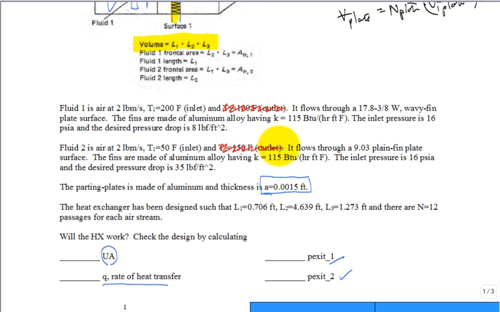You designed it assuming you want to achieve these outlet temperatures, and you relax the desired pressure drop. And you just say, what am I going to get for the actual pressure drop? And what am I going to get for the actual rate of heat transfer, which will dictate the actual outlet temperatures? It's a challenging problem.